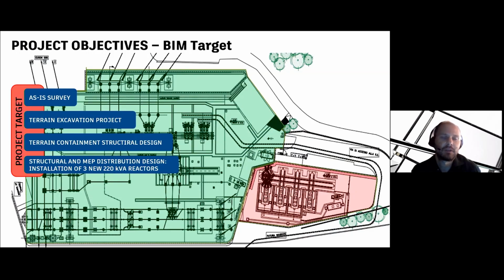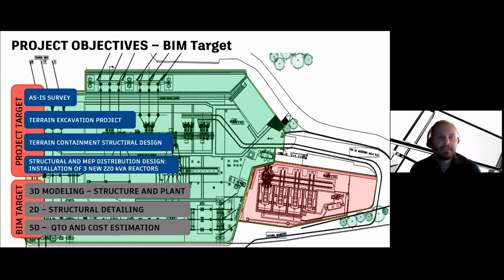First of all, a survey for the terrain excavation project, then to deliver the terrain containment structural design, and then the structural and MEP distribution design for the installation of 3 new 220 kV ampere reactors in this area. So we need to realize structural infrastructure for the installation of 3 new reactors.